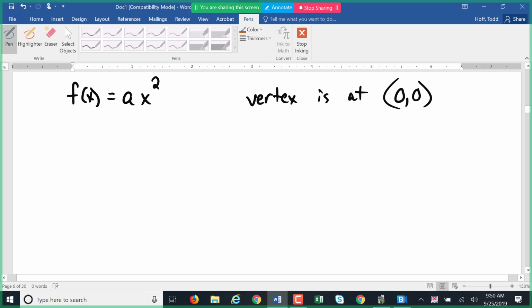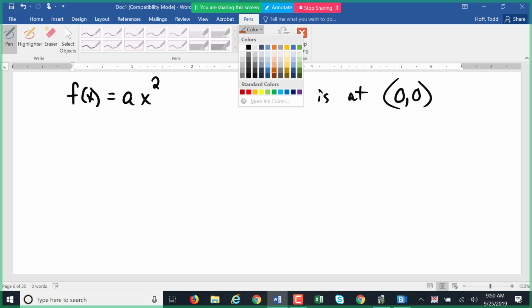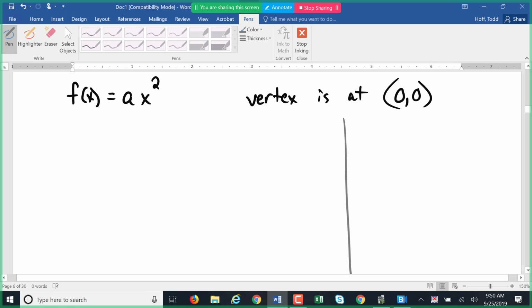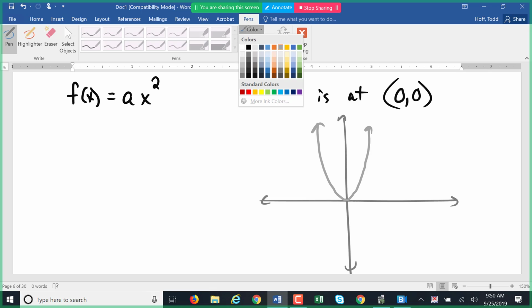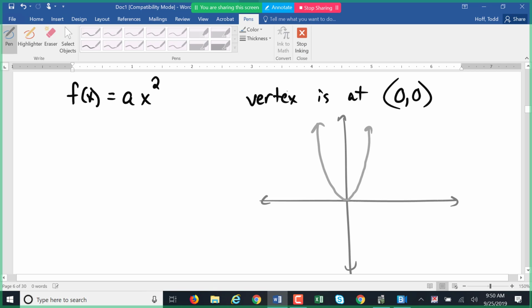Remember, if I wanted to move the vertex on the graph, let me get my basic graph up here. Let's say there's my basic graph. And here's my standard parabola. So we're going to let just a equals 1 there.